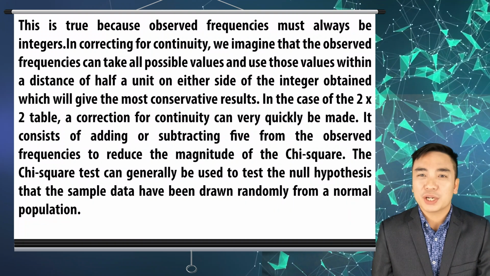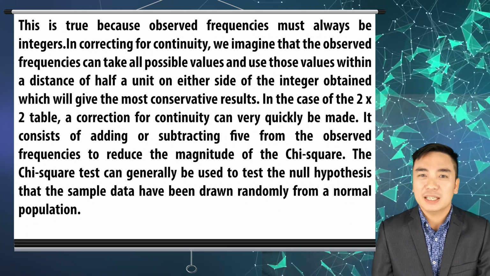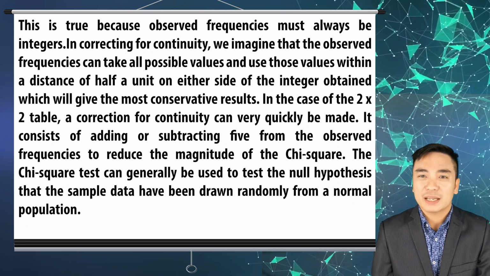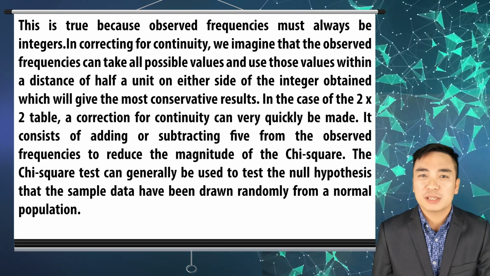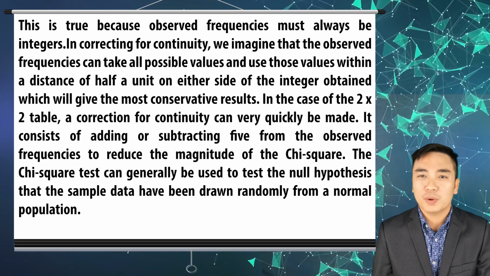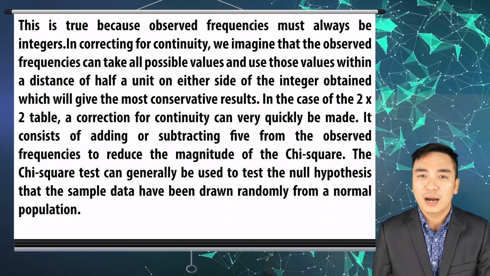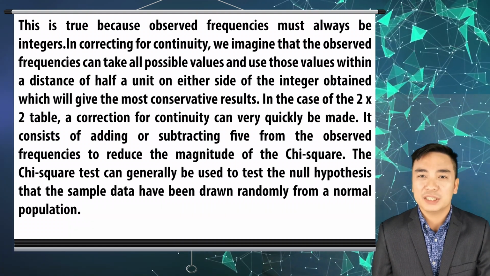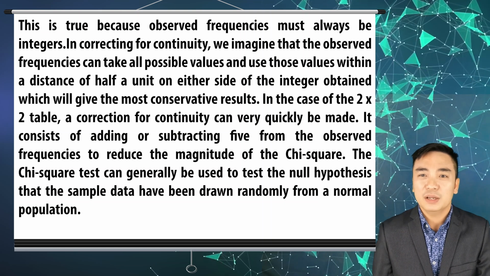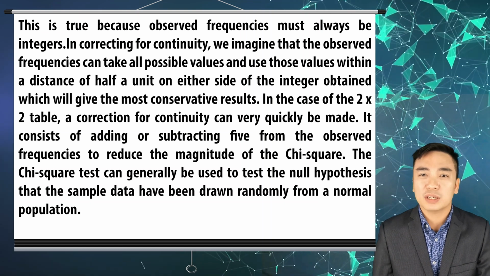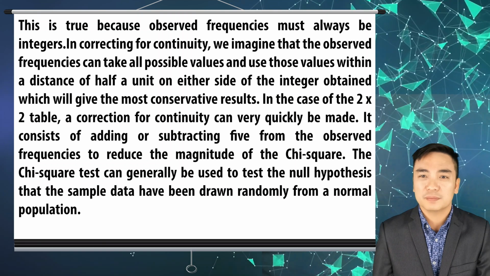In correcting for continuity, we imagine that the observed frequencies can take all possible values and use those values within a distance of half a unit on either side of the integer, which will give the most conservative results.